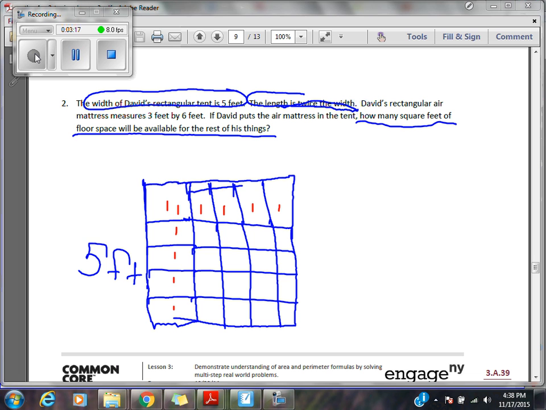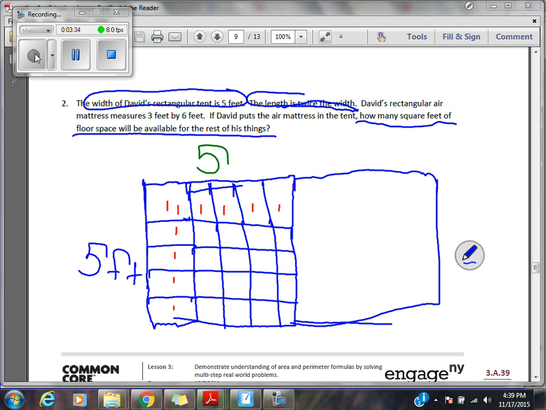But it says that the length is twice as much as the width. The length is twice as much. So if we have 5 here, we need a whole other 5 added to this. So that's what I'm going to do. And I'm putting the squares in here so we can know how many square units are left when we're done.